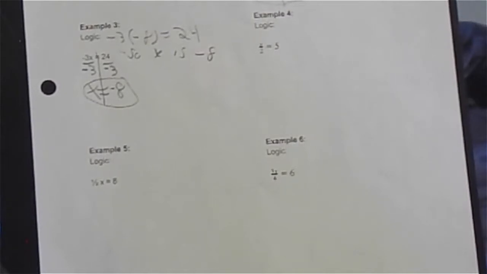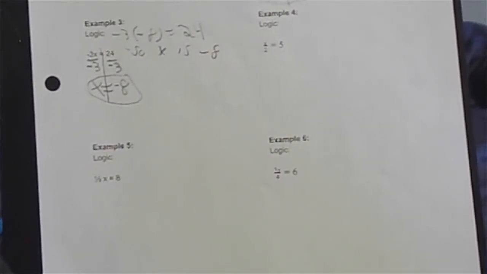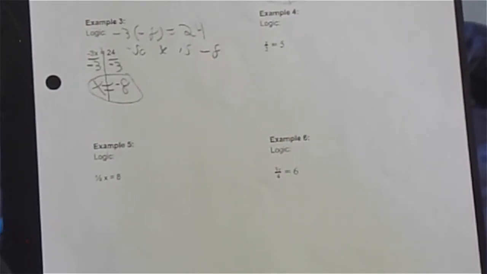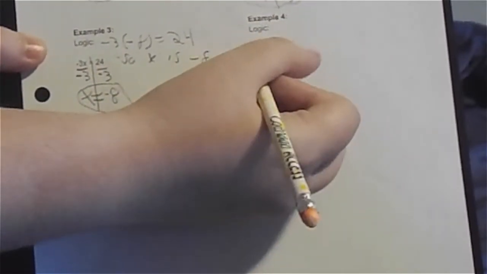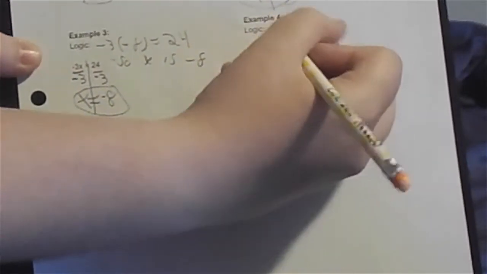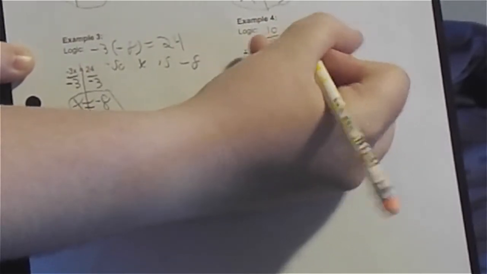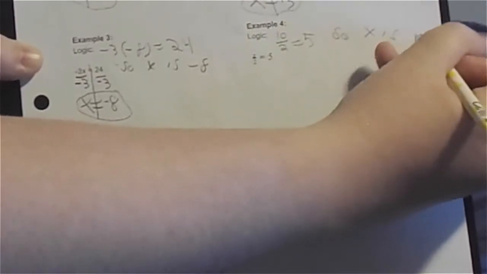On example number 4, this says x divided by 2 equals 5. So, what number divided by 2 is 5? We know that 10 divided by 2 is 5. So x is 10.